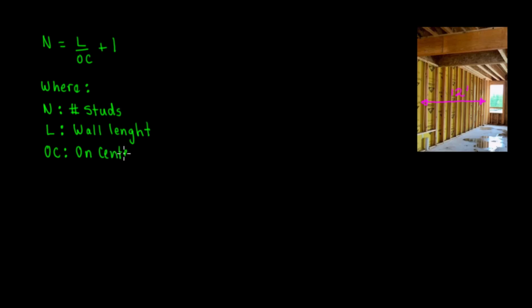So the number of studs is in studs, the wall length has to be in inches, and the on center of course has to be in inches. There we go.